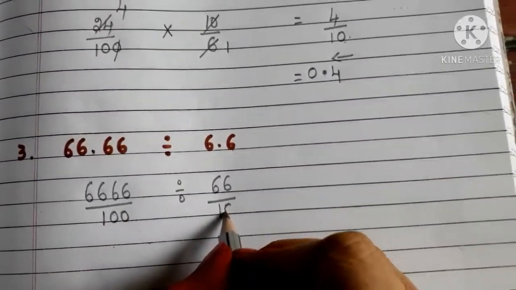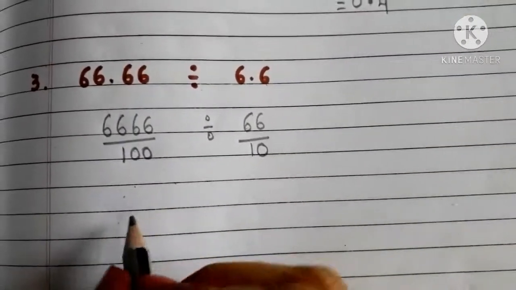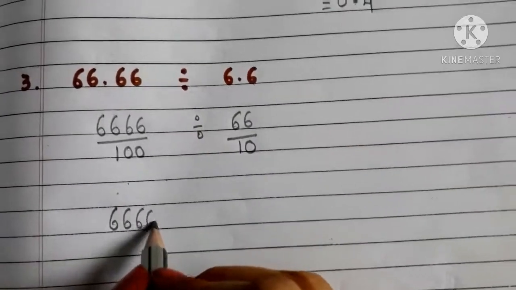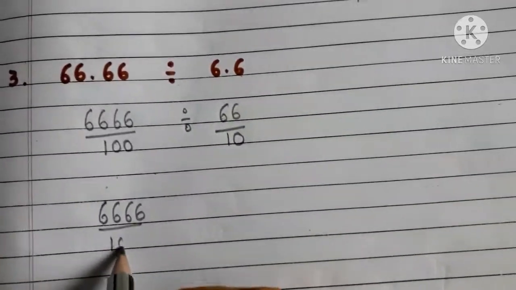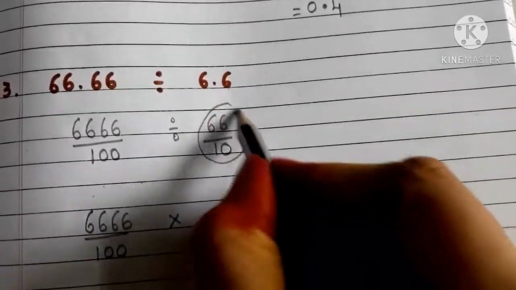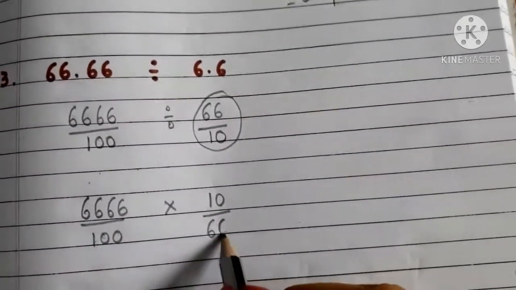So write 10 in the denominator. Now copy down this fraction 6666 by 100 into, write the reciprocal of this fraction, 10 by 66.